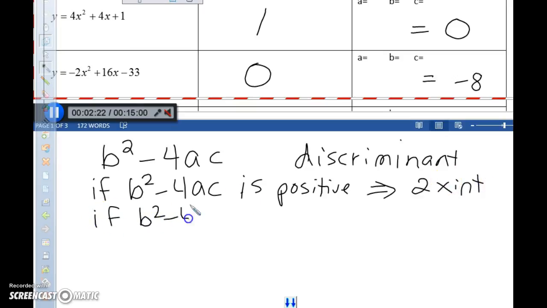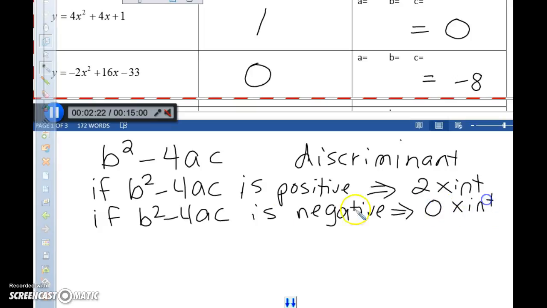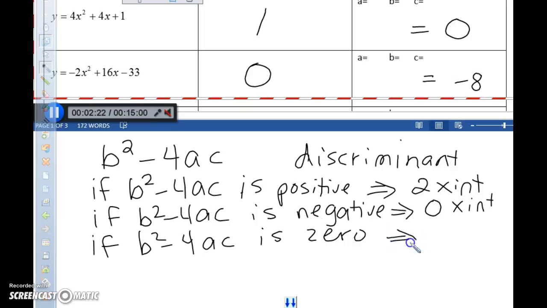If b squared minus 4ac is negative, how many x-intercepts? 0. If b squared minus 4ac is 0, how many x-intercepts? 1. So we can predict how many x-intercepts or real zeros we're going to have.